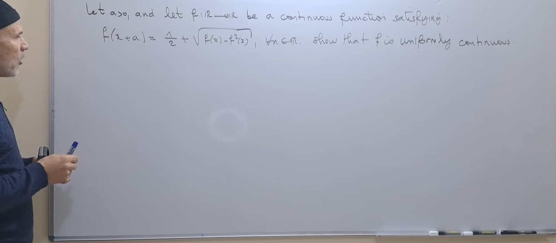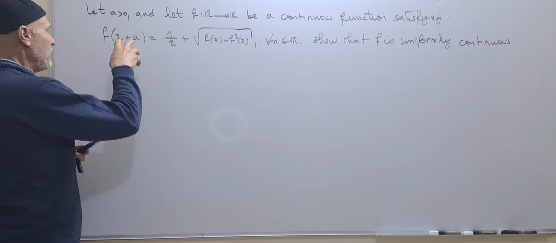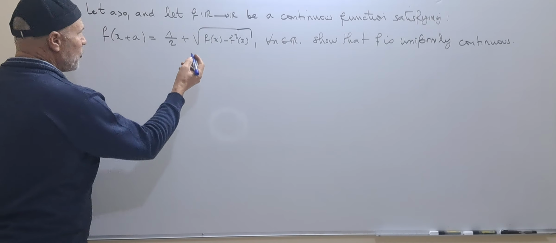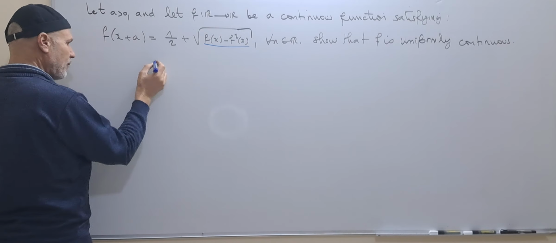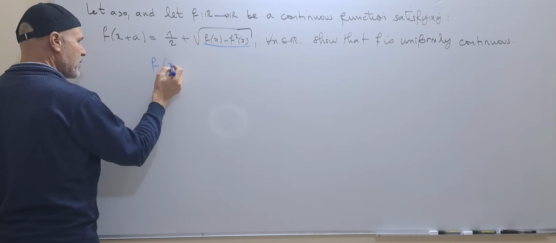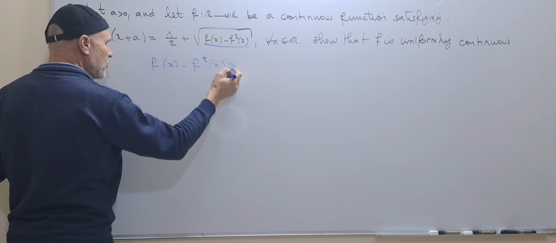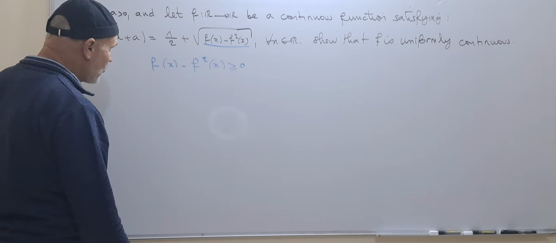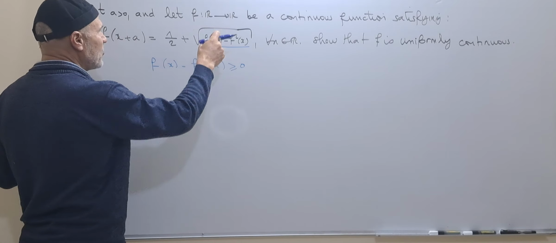First of all, we can remark that for this function to be defined, it should verify that f of x minus f square of x should be greater than or equal to 0. This is needed for the square root to make sense.